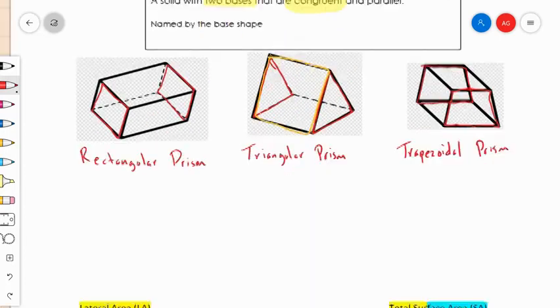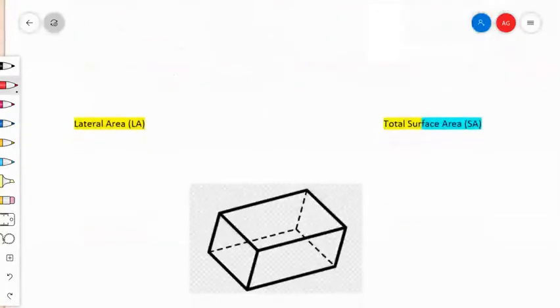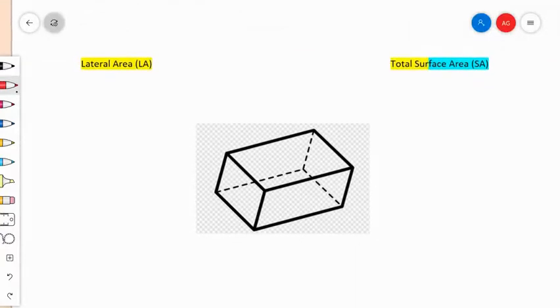So now let's talk about the different parts of a prism. We have what we call lateral area, and then we have something that we call total surface area. Let's start with lateral area. If you think back to nets, lateral area is kind of like everything except the base. For example, in this rectangular prism, if I define this to be my base, here's one base, here's the second base.